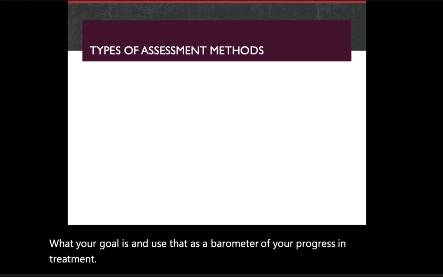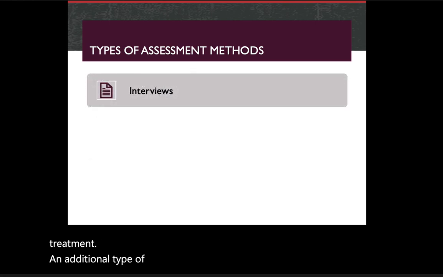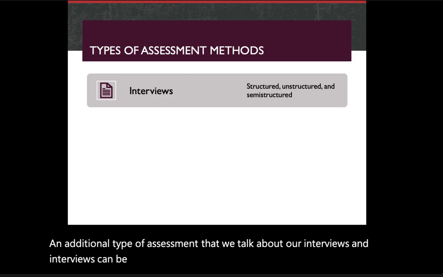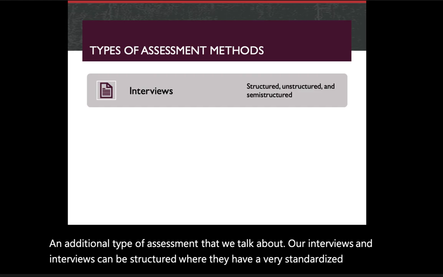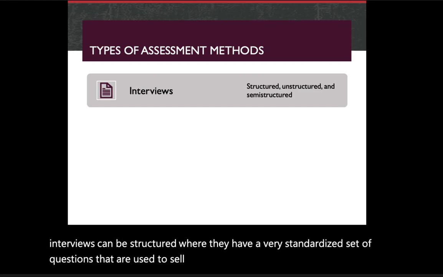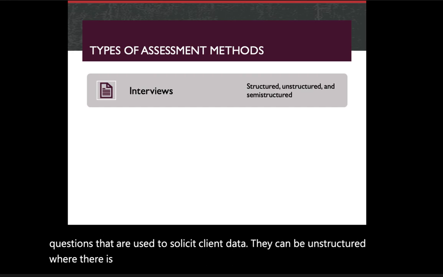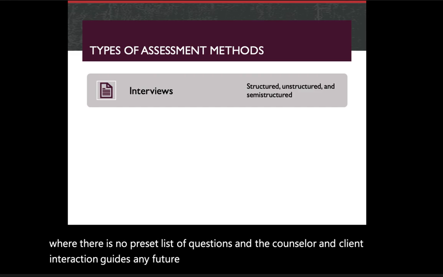An additional type of assessment that we talk about is interviews. Interviews can be structured, where they have a very standardized set of questions that are used to solicit client data. They can be unstructured, where there is no preset list of questions, and the counselor and client interaction guides any future questions and probes of where to go from there.